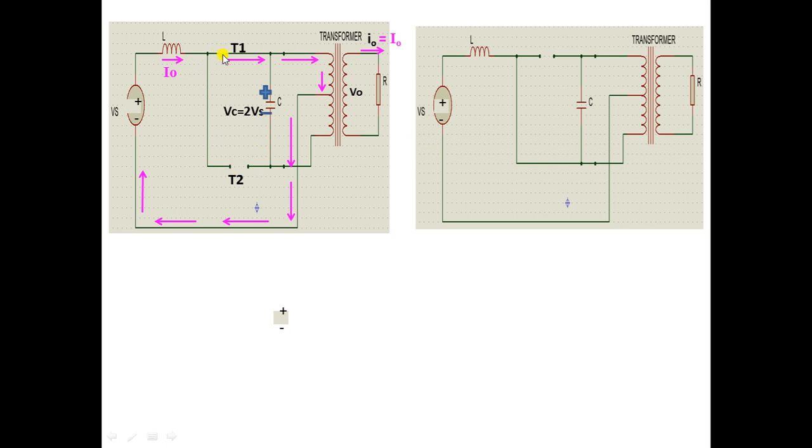So anode is getting negative, cathode is getting positive, which means that T1 is reverse biased, which means that the capacitor voltage, which is 2 Vs, will appear as reverse voltage here across T1. So this means that a reverse voltage appears across T1 which turns thyristor T1 off.